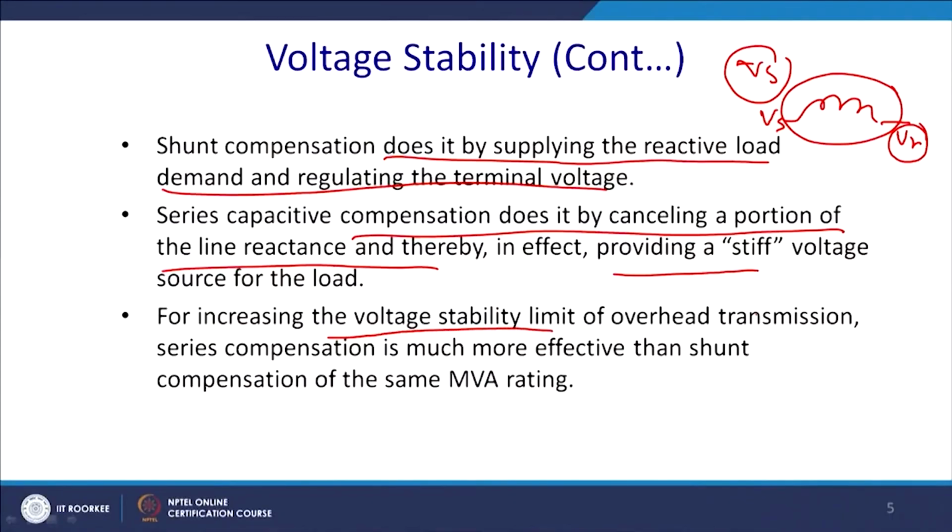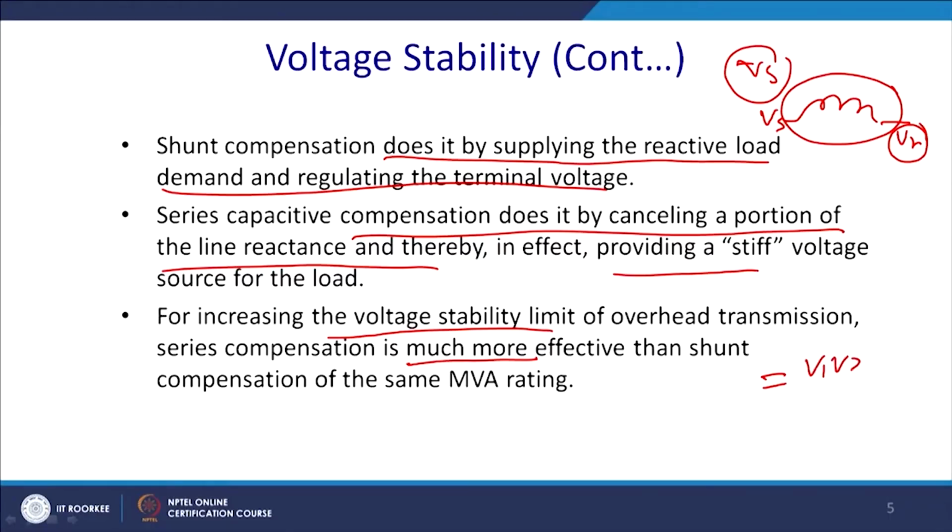For increasing the voltage stability limit, series compensation of an overhead transmission line is much more effective than shunt compensation for the same power rating or MVA rating. We have seen the plot for the series and the shunt both.